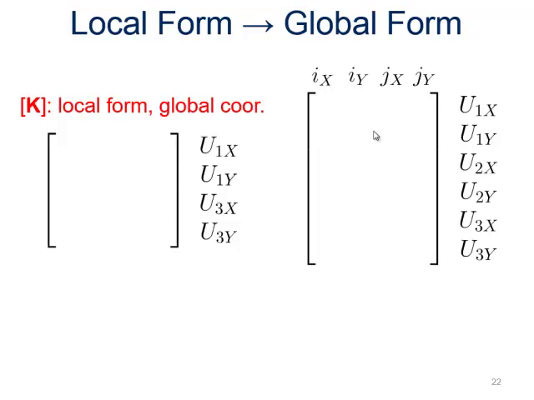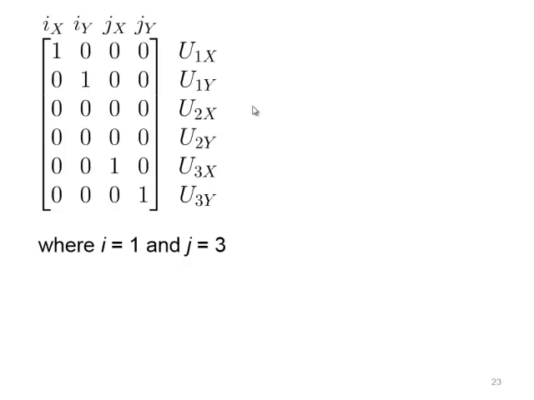So again, if we focus just on element 3, we can do it this way. If you say I is equal to 1 and J is equal to 3, here's I is 1, right? So I is node 1, and so IY is node 1Y, and J is node 3, so we go JX down here to 3X, and JY down to 3Y.